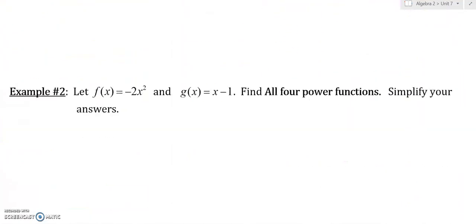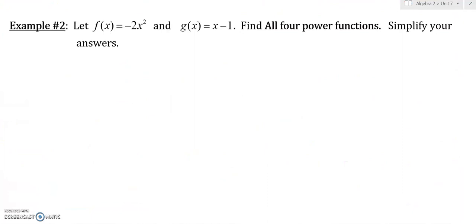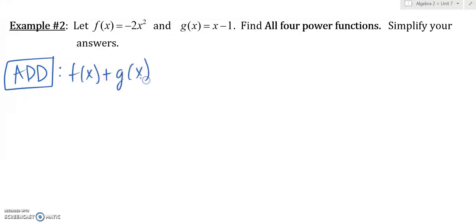All right, problem 2. Same type of thing here, just different values. Let f of x equal negative 2x squared and g of x equal x minus 1. Find all 4 power functions. I'm going to start with adding, just like we did before. I'm going to do f of x plus g of x. That's what it would look like.